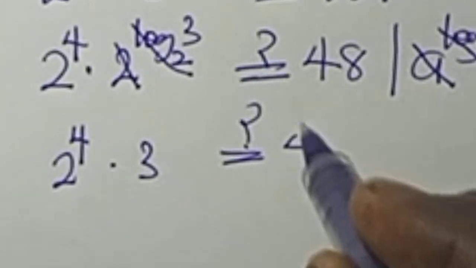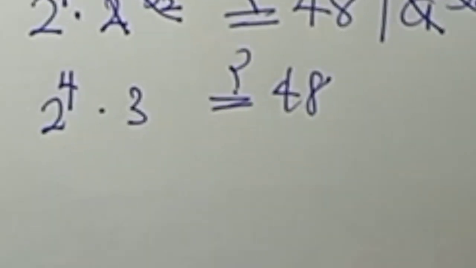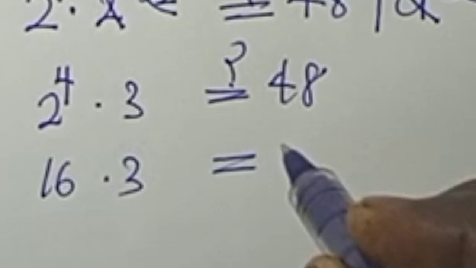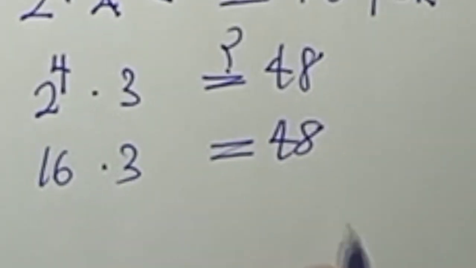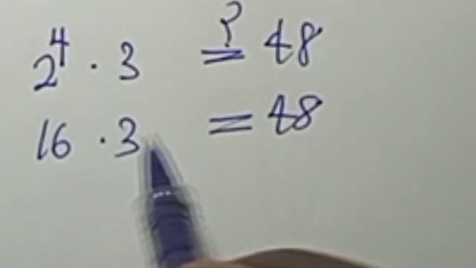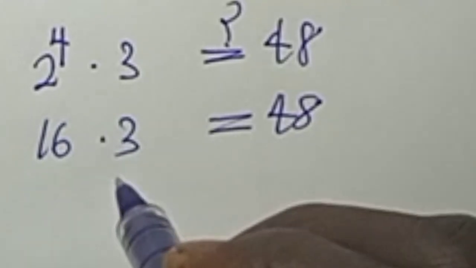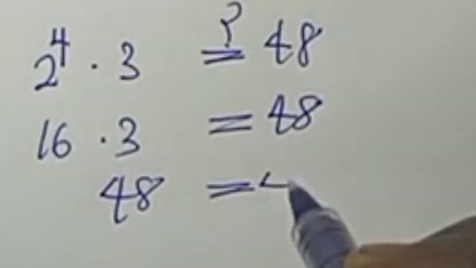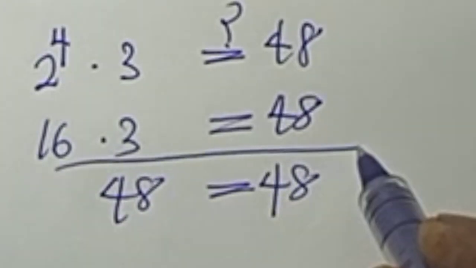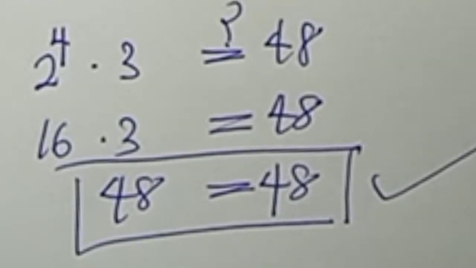Can we have this be 48? 2 to the power of 4 is 16, times 3. Of course, 16 times 3, that is 48, equals 48. And this is our final proof.